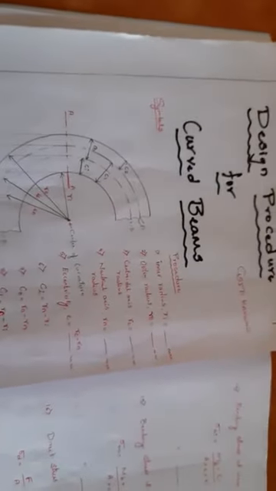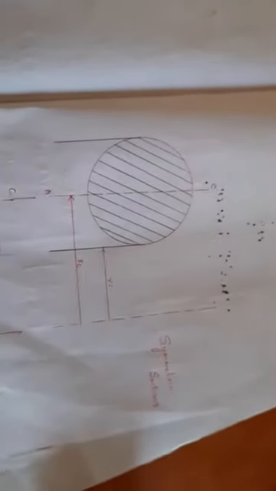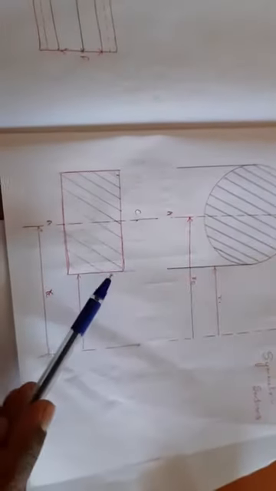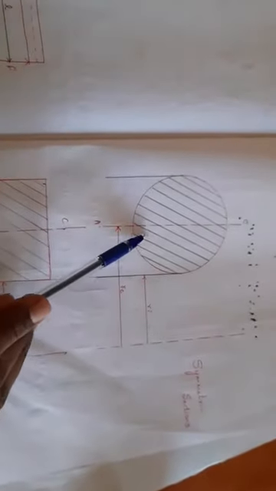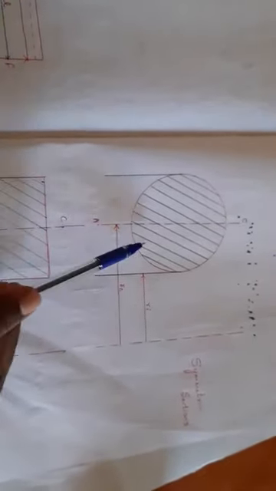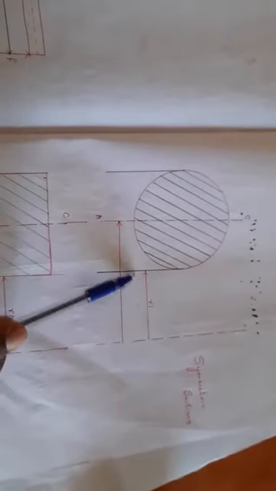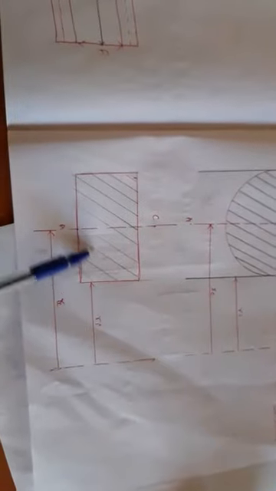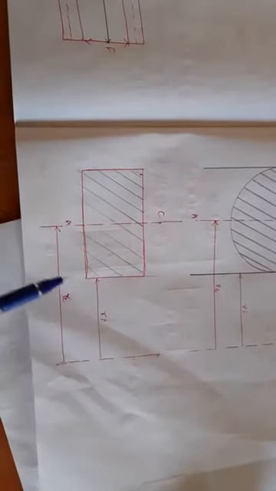Now how to calculate RC and RN? For symmetric sections like a circle or rectangle, RC is half the section plus Ri.